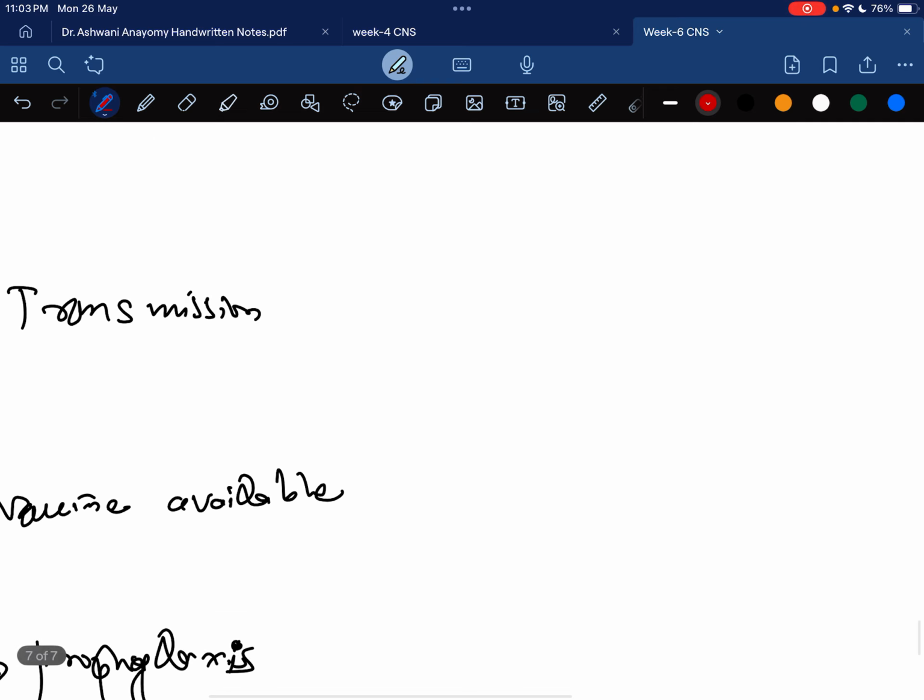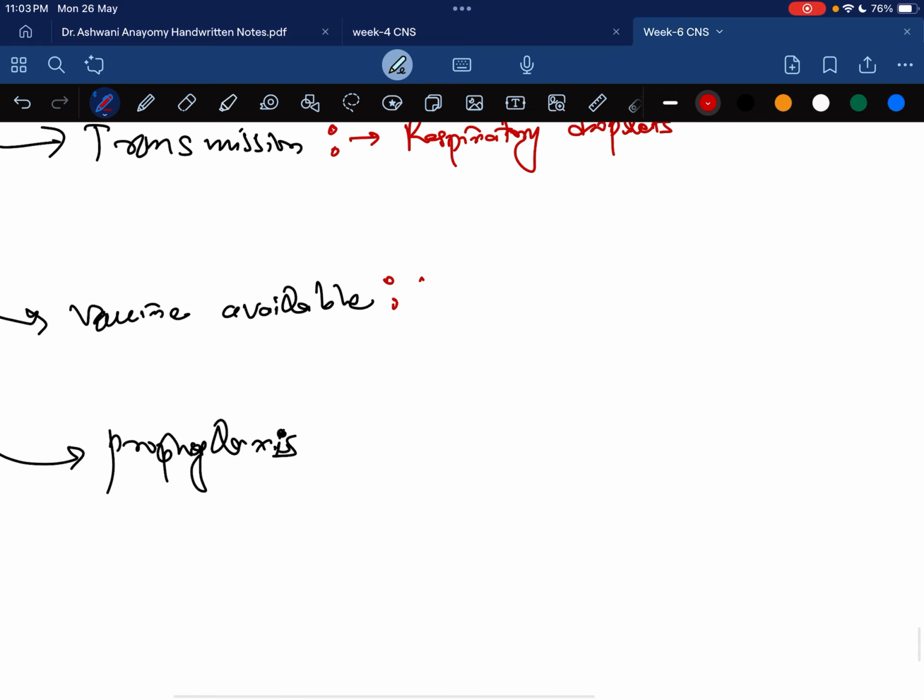When you look at transmission, it is transmitted through respiratory droplets. And regarding the vaccine, a vaccine is applicable: the meningitidis vaccine and the B vaccine.